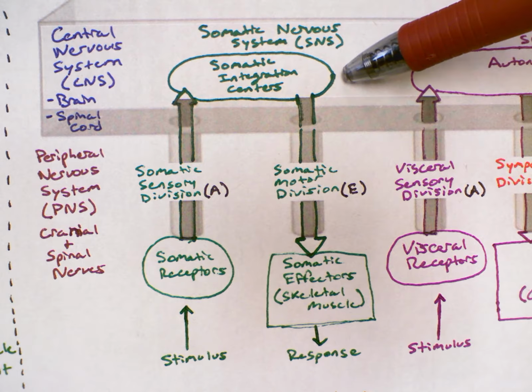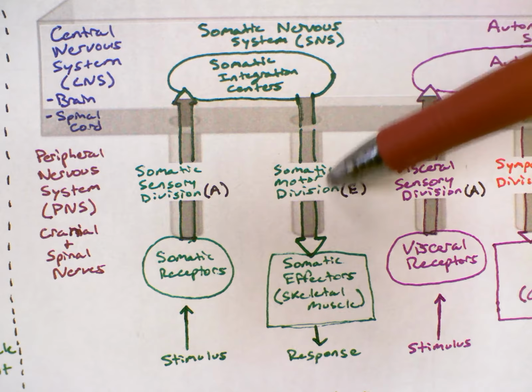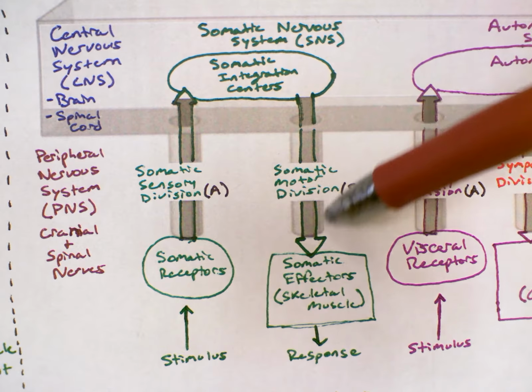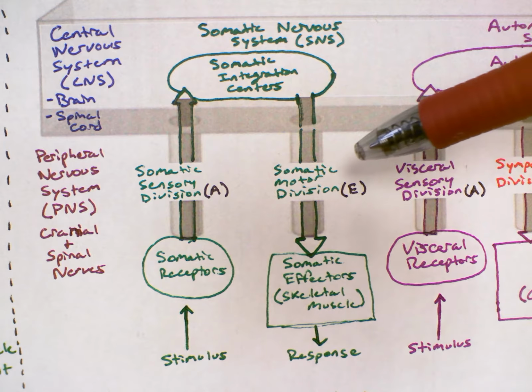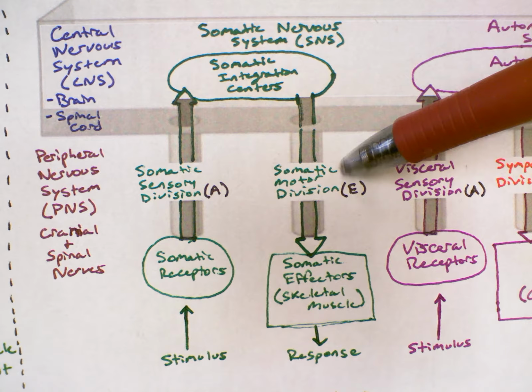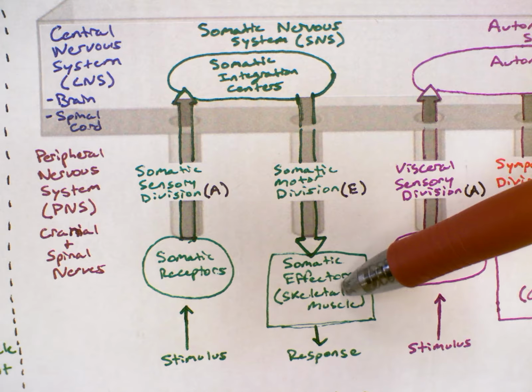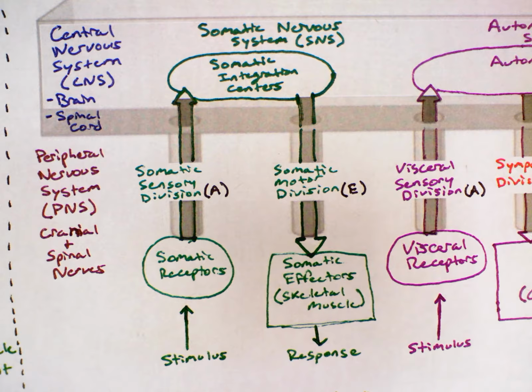And it is going to send an efferent message through the efferent pathway, which we call the somatic motor division, out to some sort of somatic effector. Typically it's skeletal muscle, and we will generate some sort of response using our skeletal muscle.